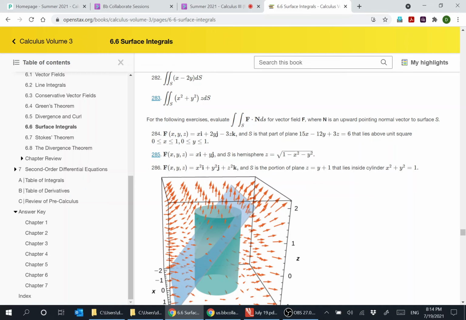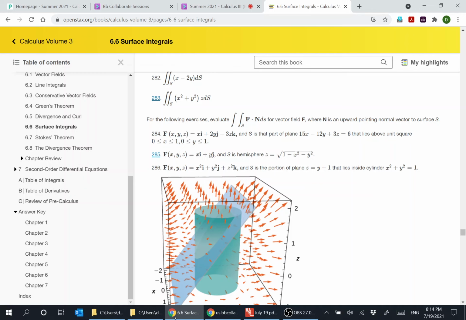So for 286, we're calculating the vector flux surface integral, where n is pointing upward. You've got an oriented surface when you're calculating vector flux. You have side 1 to side 2. So this time n is pointing upwards, so you're flowing from the bottom side of the surface to the top side of the surface.